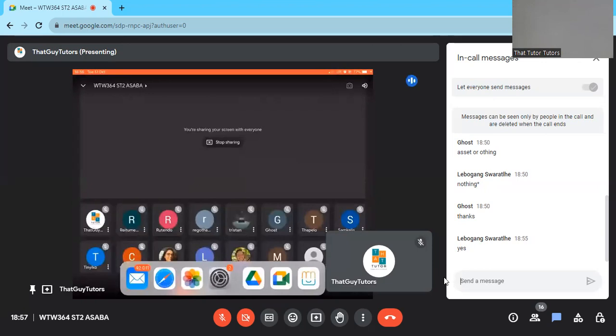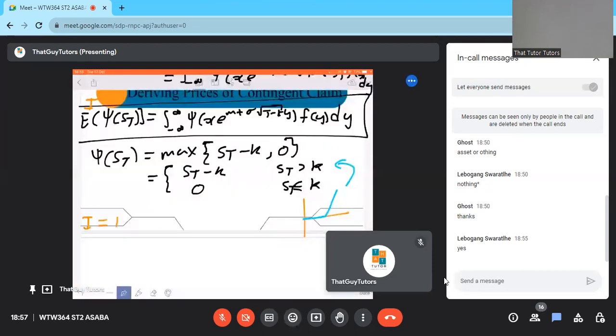I can just call this whole thing I. So you are going to have your I, which is equal to the expectation of the payoff of S of t, right? So you are basically going to have the integration from negative infinity to some point that you don't know about, of 0 times f of y dy.